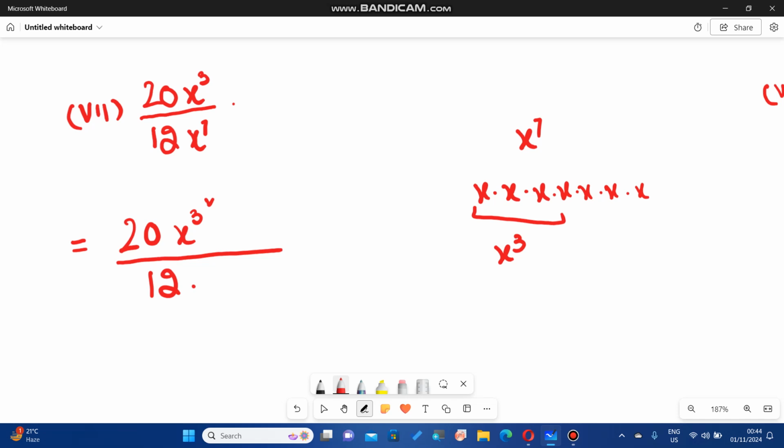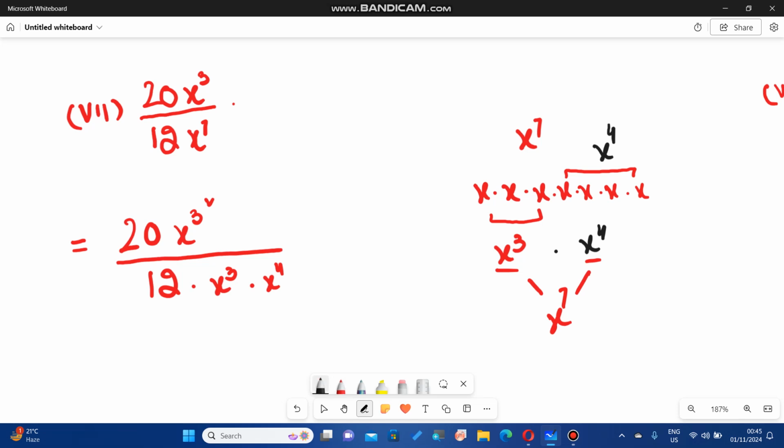We can split x7 into x cube and how many x's are left? 1, 2, 3, 4. x4. x3 times x4. x7 or x3 times x4, that is the same thing. We will have x to the power 3 plus 4, 7. You can split these into 2. Now we can easily cancel these out. We have x cube. We have 2 times 6 equals 12 and 2 times 5 equals 10.